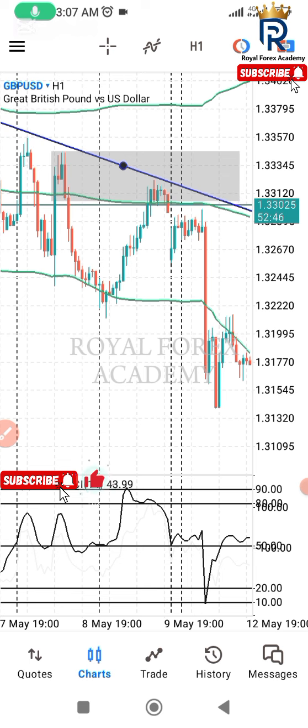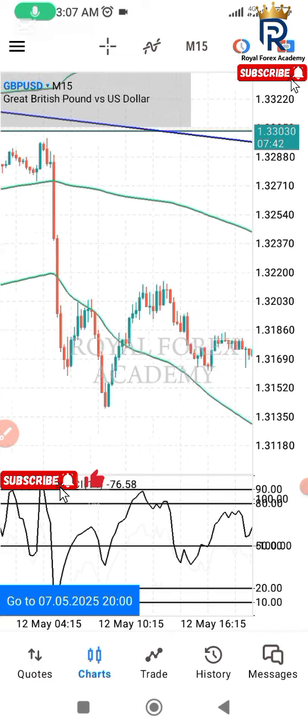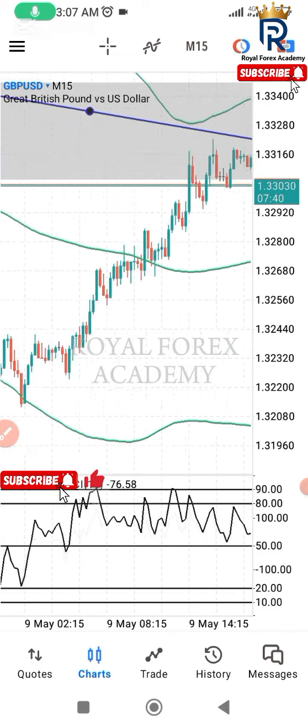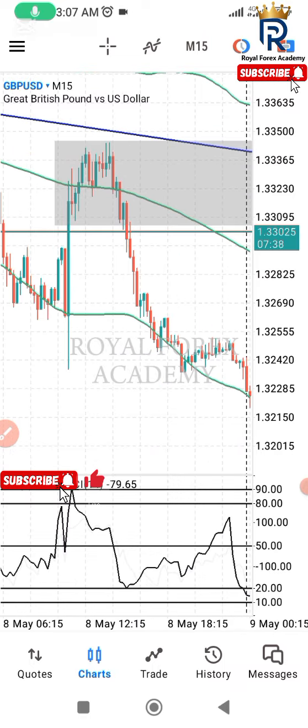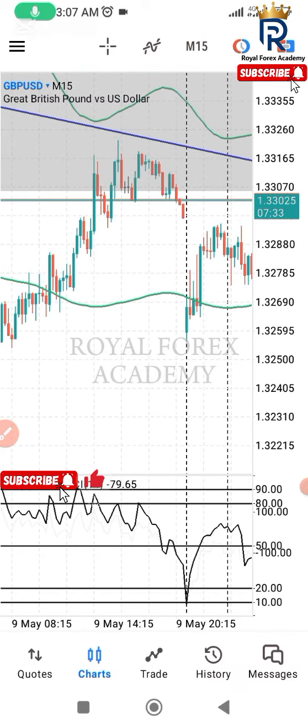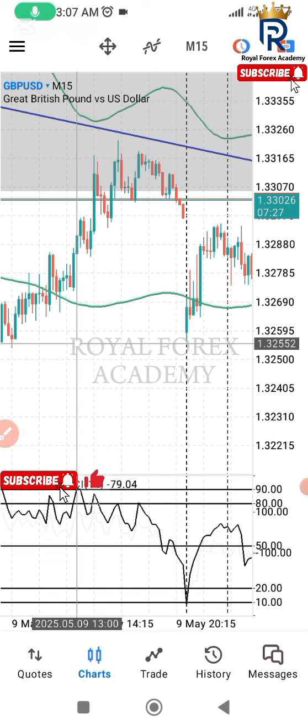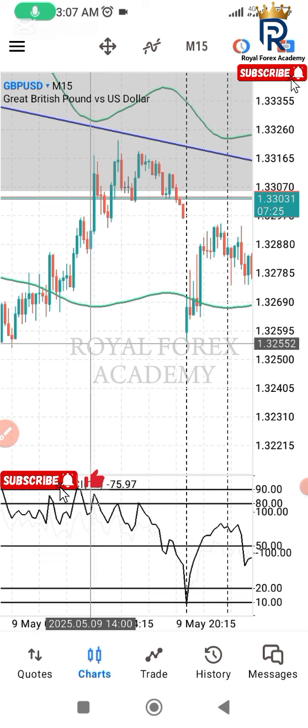Now let's confirm this again. Let's go back to 15 minutes and let's look at this. Okay, that is the origin, and now price is back into this zone. So look at this, and look at this, and look at this.